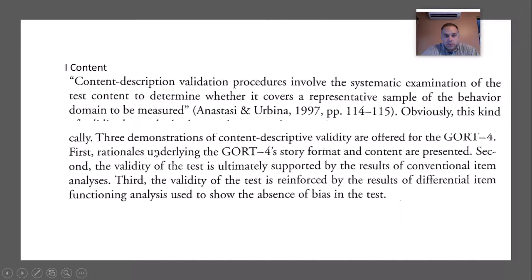First, for the GORT, rationales underlying the GORT-4 story format and content are presented. Second, the validity of the test is ultimately supported by the results of conventional item analysis. And third, the validity of the test is reinforced by the results of differential item functioning analysis. I think a lot of this is above where I'm at.